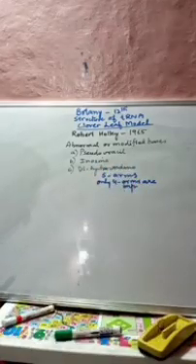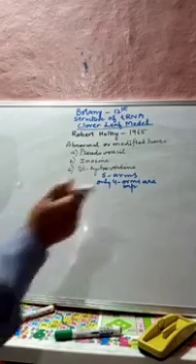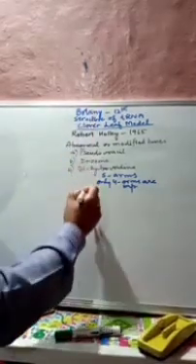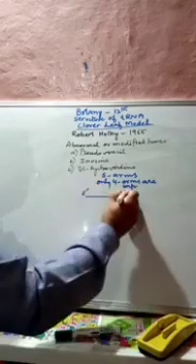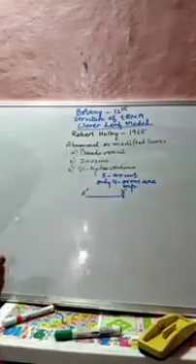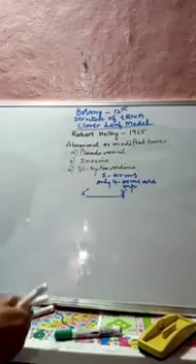Now the direction of this clover leaf model is from 5 prime to 3 prime. So let us first draw the structure of this model. First let us try to draw the structure of this model.